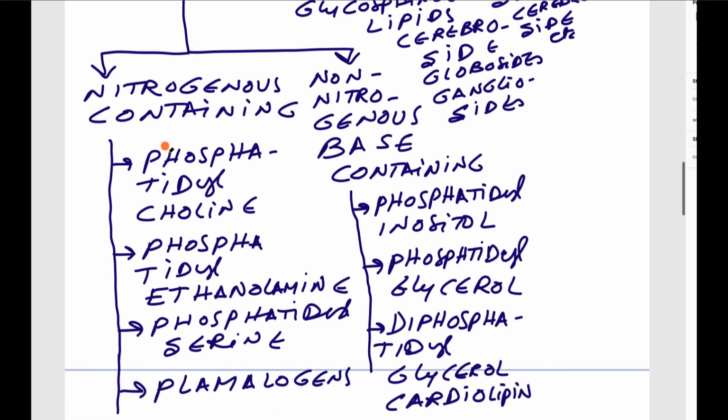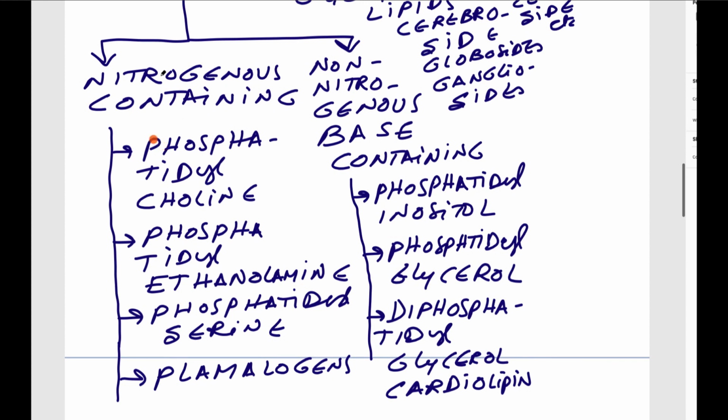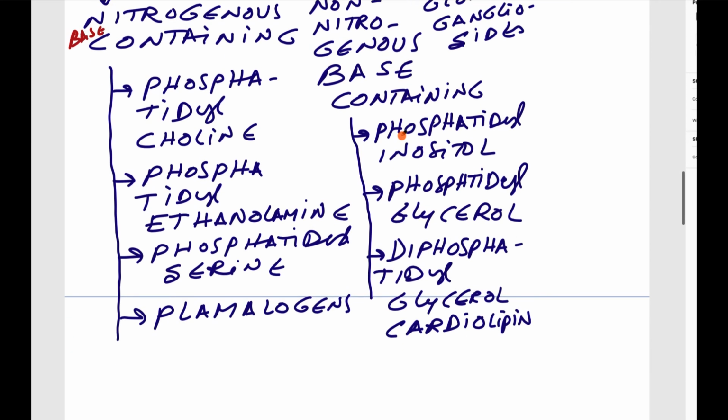Glycerophospholipids are further classified into nitrogenous base containing or non-nitrogenous base containing. Nitrogenous ones include phosphatidylcholine, phosphatidylethanolamine, phosphatidylserine, and plasmalogens. The non-nitrogenous phospholipids contain the alcohol inositol or glycerol: phosphatidylinositol and diphosphatidylglycerol, whose common name is cardiolipin.